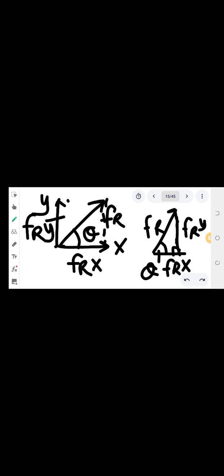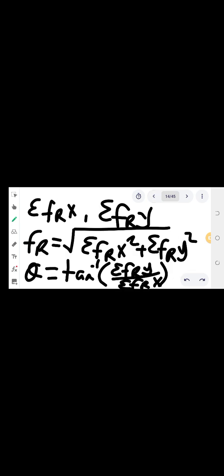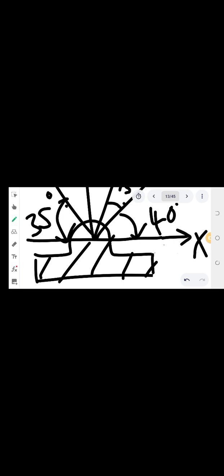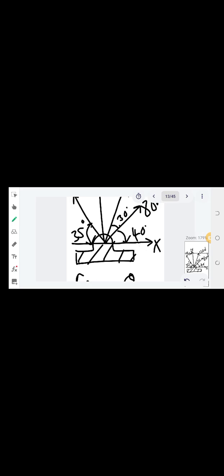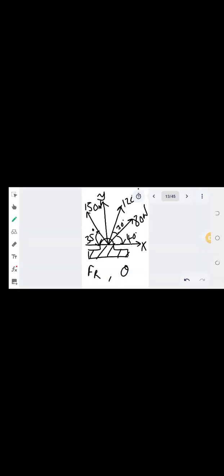So we are going to use this approach to come up with a resultant force and its direction. So we go back to the question. What does the question demand? So we have got those forces.